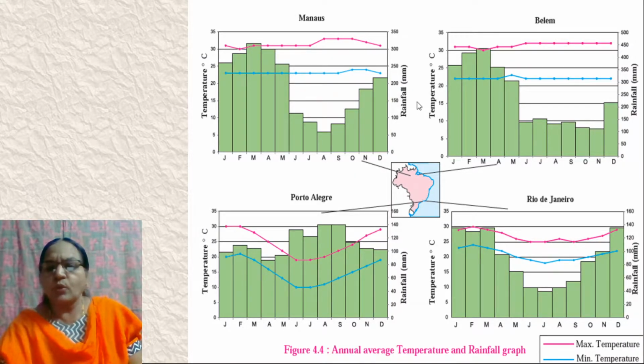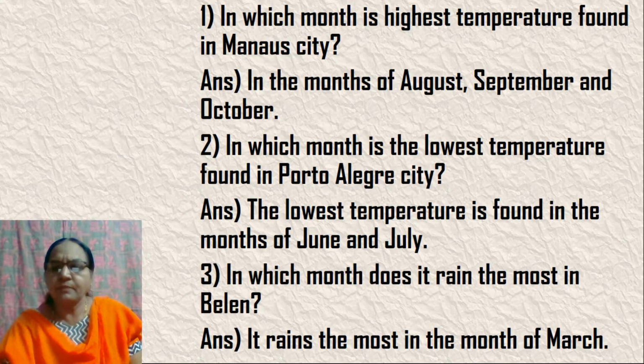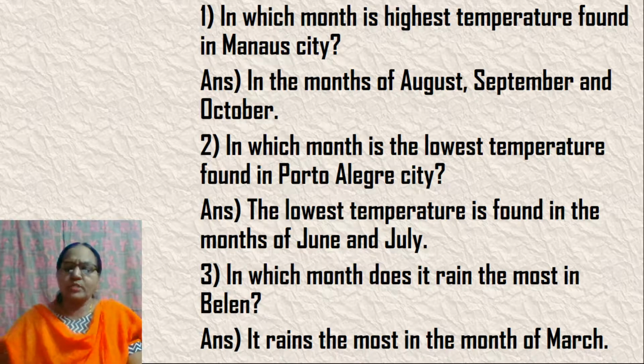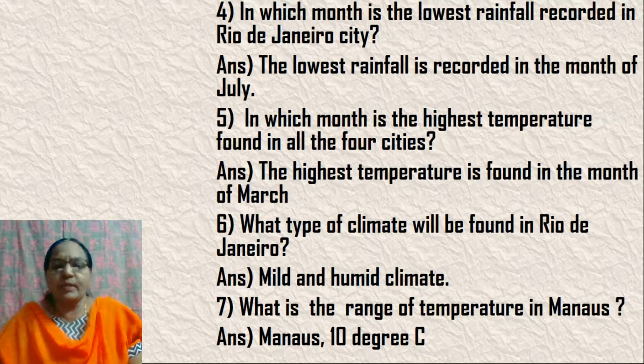So this is Belém, this is rainfall. Rainfall is shown by the histogram here. The highest rainfall it receives is in the month of March. So it rains the most in the month of March. Next one.